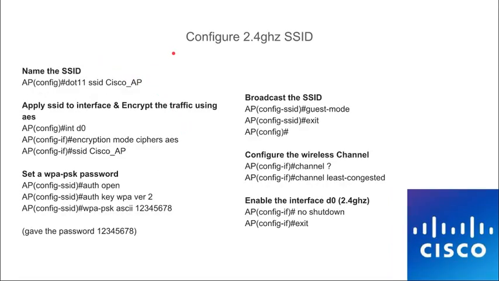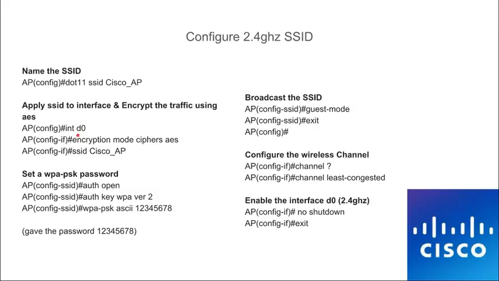Once we've configured the interface, we now need to name the network. The way to do that is to type in dot11 ssid, and then the name of the network, which is what we're going to use for the 2.4 frequency. In order to tell it this name is going to be identified with the 2.4, we need to go into the interface, and D0 is the 2.4 gigahertz frequency.